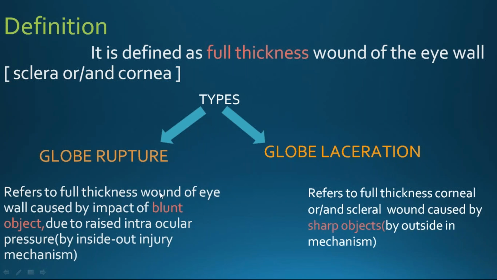Globe rupture refers to a full thickness wound of the eye wall caused by impact of a blunt object due to raised intraocular pressure. It is an inside-out injury. Whereas globe laceration refers to a full thickness corneal or scleral wound caused by a sharp object, from outside to inside.